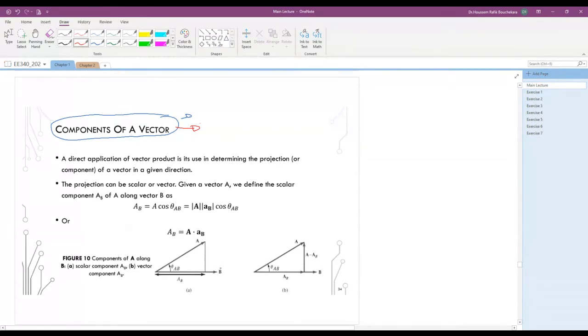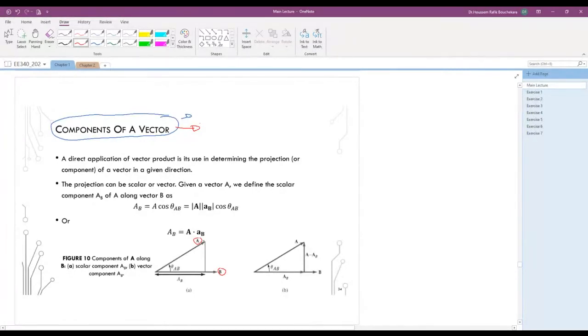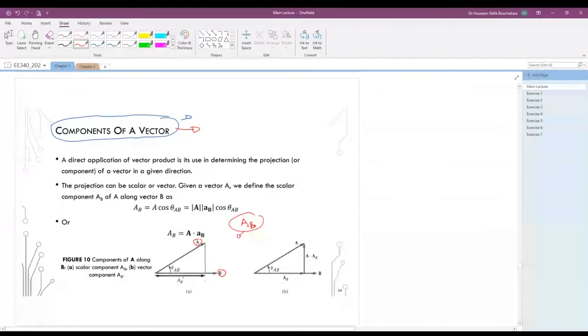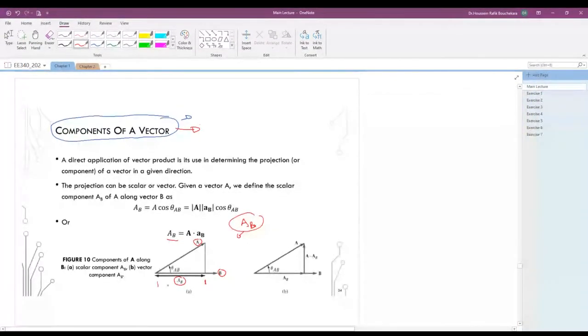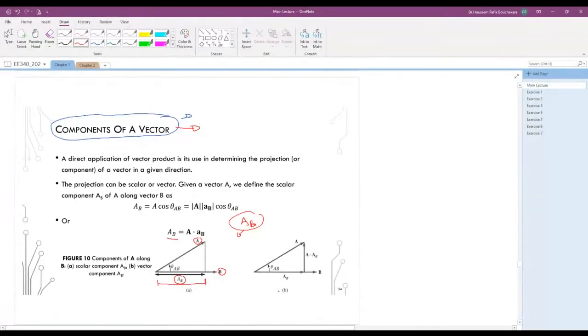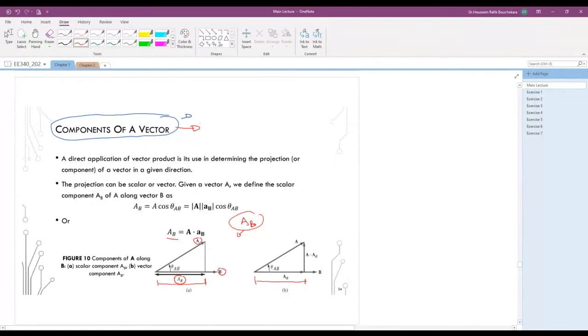If you have two vectors, let's say B and A, and we want to have A_B. What does A_B mean? A_B is the projection of the vector A along B. This is the component of A along B, guys. It can be taken as a scalar or as a vector.